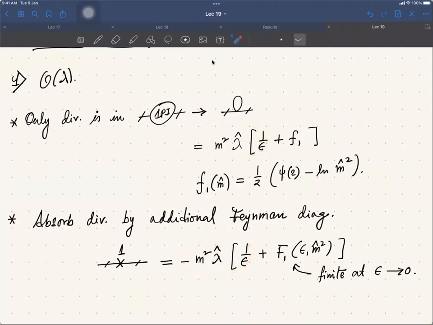Okay. Of course, here we had order epsilon terms. This is finite. This is order 1 and then order epsilon terms.